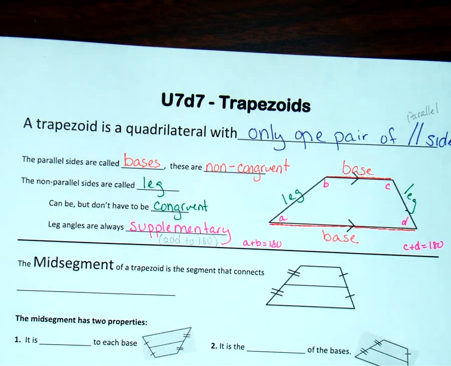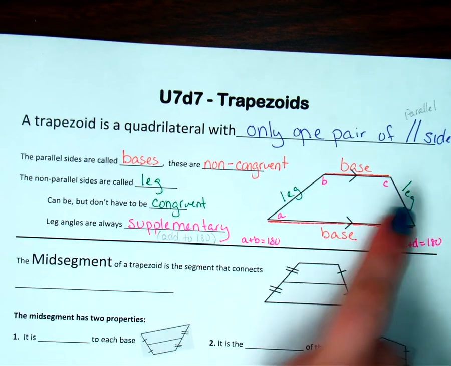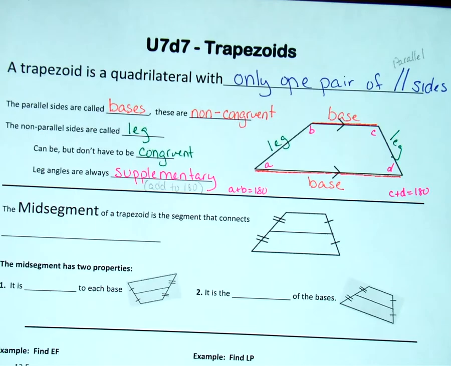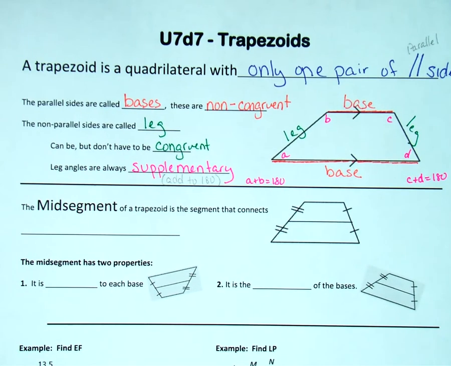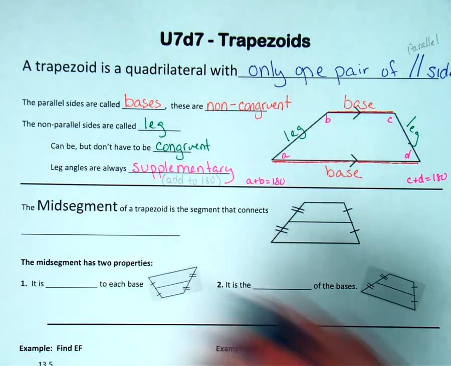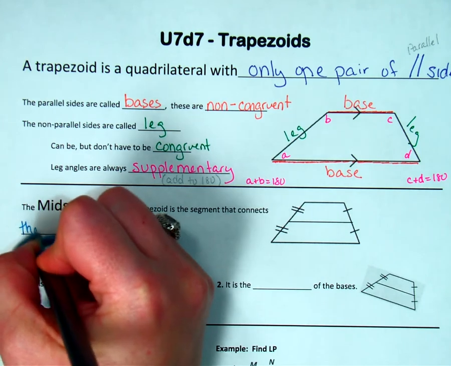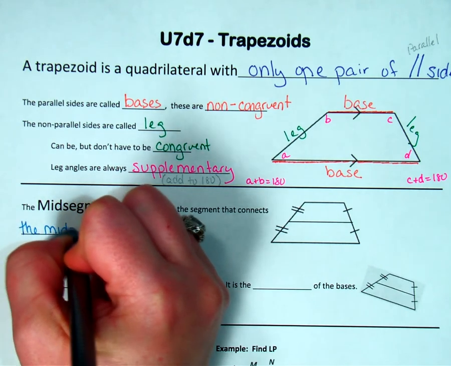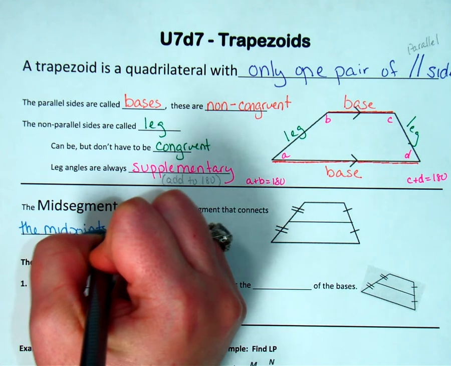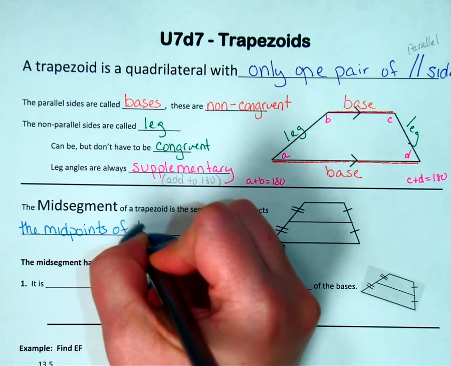Okay? All right, so our first vocabulary word that's not base or leg is midsegment, and it's very similar to the midsegment on a triangle. The midsegment of a trapezoid is the segment that connects the midpoints of the legs.